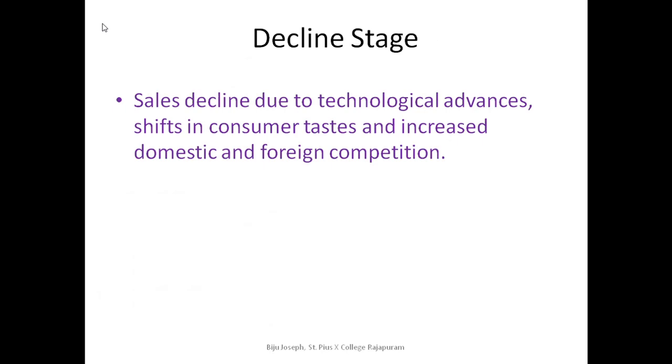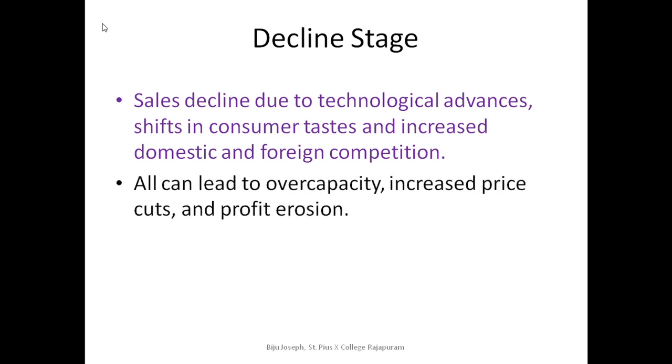Sales decline due to technological advances, shifts in consumer tastes, and increased domestic and foreign competition. And all these can lead to overcapacity, increased price cuts, and profit erosion.